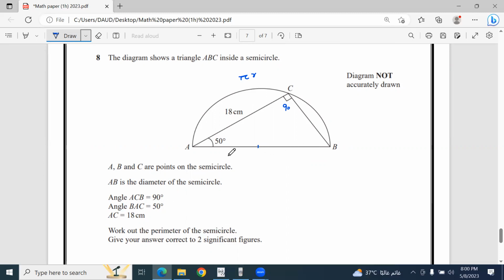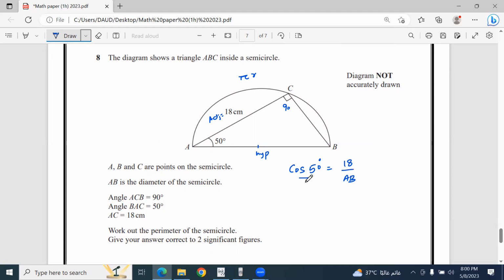First of all we will find the AB length. I will use simple trigonometry. The angle is 50, so this is adjacent, and the side opposite the right angle is the hypotenuse, which is AB. So we can apply cos 50 equals adjacent over hypotenuse, meaning 18 over AB.